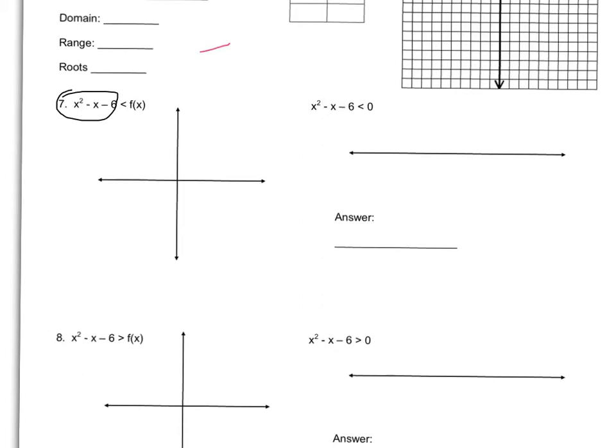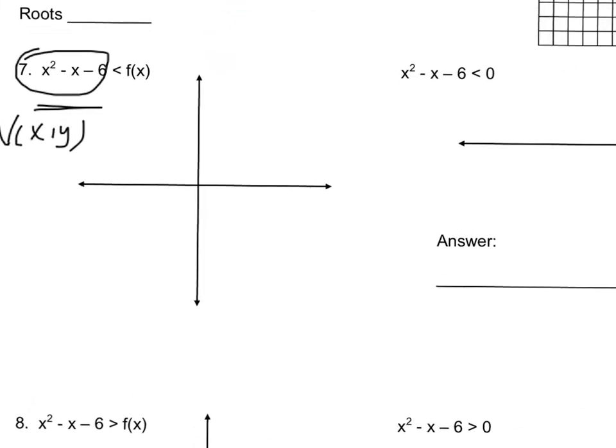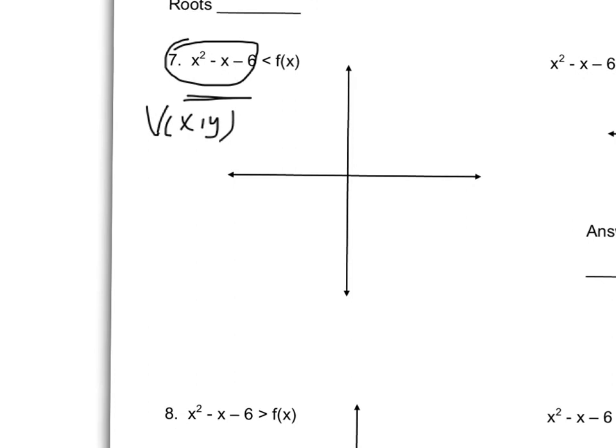so let's graph this one. What you can do is factor it, or you can just find the vertex and count from the vertex. So I'm going to find the vertex, the x and y of the vertex. First of all, the x is going to be negative b over 2a, so x equals negative b over 2a. So it's going to be 1 over 2, it's half, 0.5.